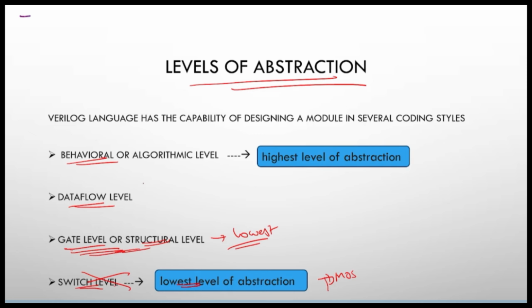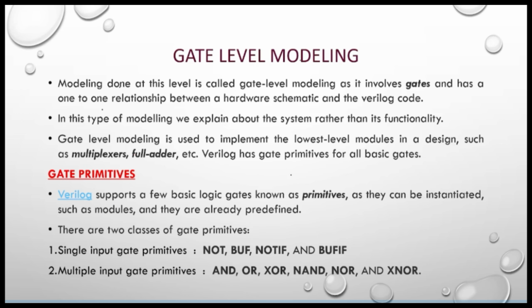And in the case of behavioral modeling, you write the code based on the behavior of the circuit, like how your circuit is behaving for a set of inputs, keeping that in mind.